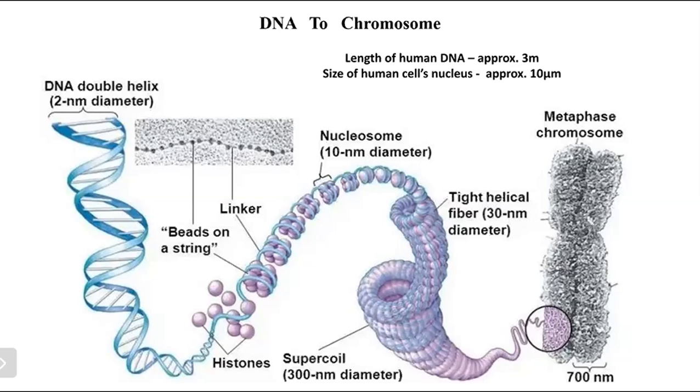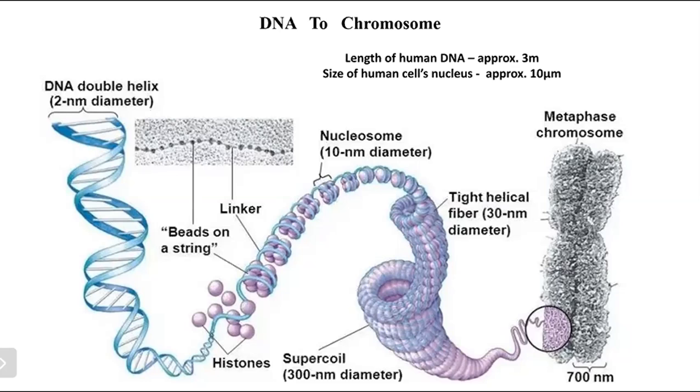On the linker DNA one more histone gets attached, and it forms a 10 nanometer diameter structure. This looks like a beads on string model. Beads are your histone proteins, that is the octamer, and string is DNA. So it looks like a beads on string structure, so we call it like that.